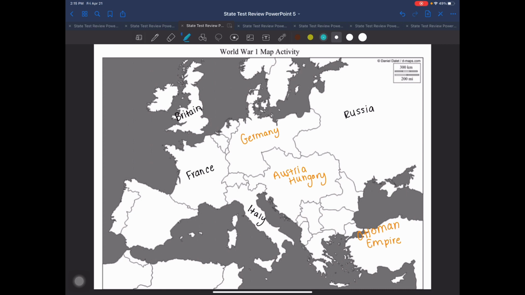They are at a disadvantage because they are located here in the middle with an enemy from the Allied powers on both sides of them. If you look up military strategy, you will find that one of the last things a country wants to do is fight on two fronts.